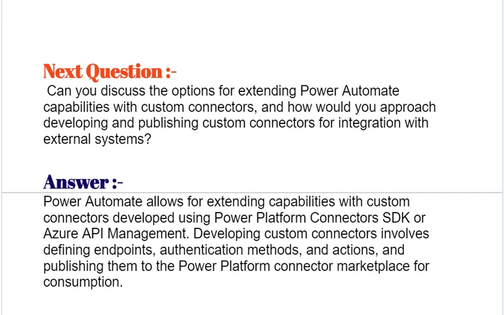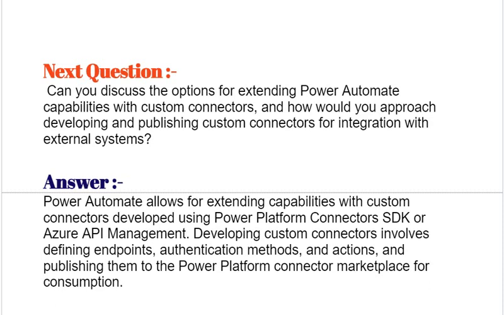Our next interview question is: can you discuss the options for extending Power Automate capabilities with custom connectors, and how would you approach developing and publishing custom connectors for integration with external systems?